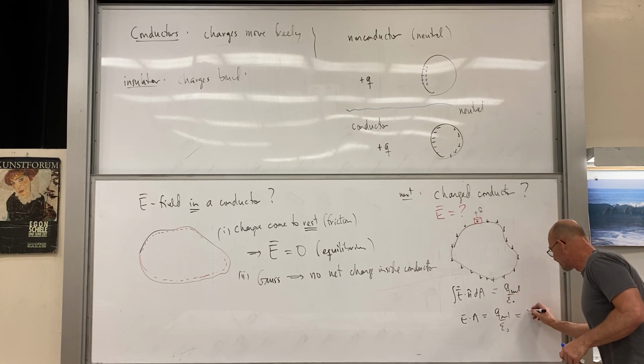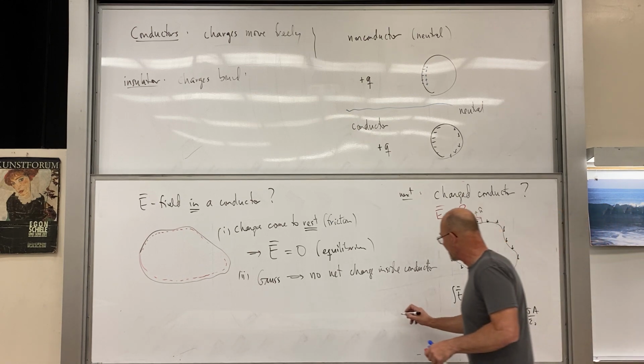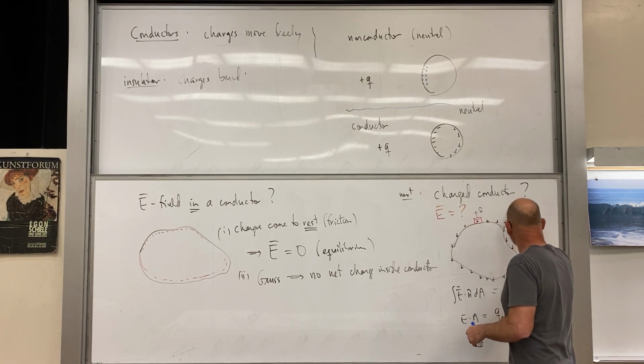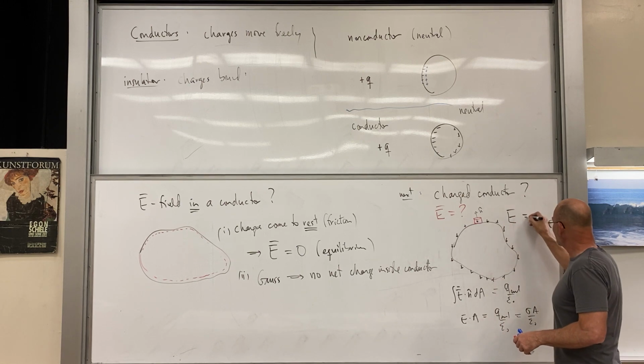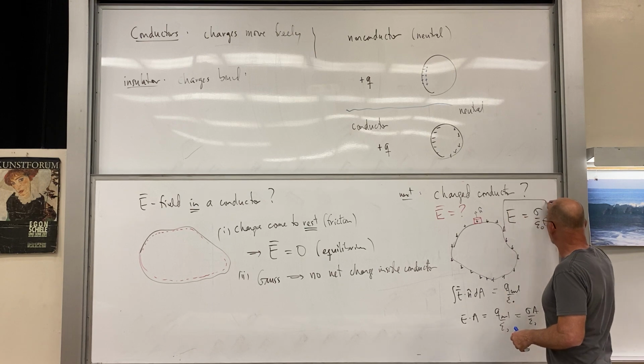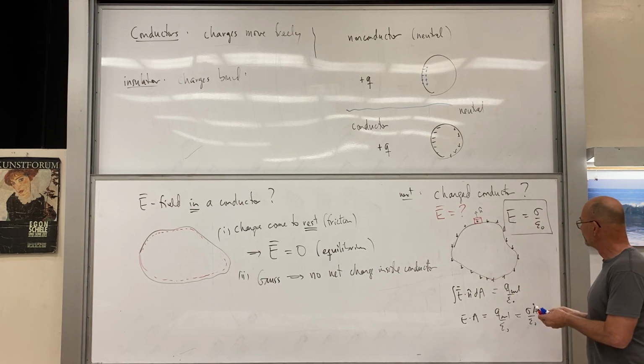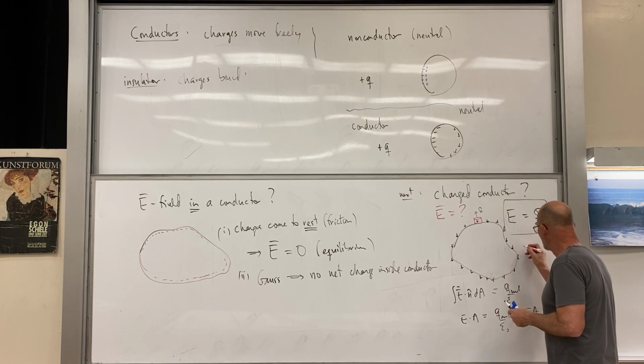And we know that that's sigma times A over epsilon naught. So the A cancels here, and we get E is equal to sigma over epsilon naught. And the direction at the surface is normal.